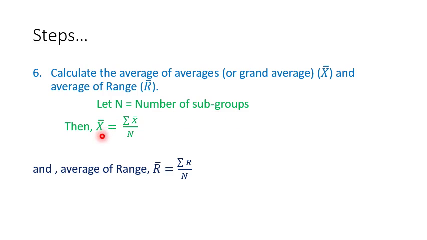Then X double bar is equal to summation X bar, which we already calculated, divided by capital N, where capital N is the number of subgroups. Previously we saw summation X divided by small n, and here we see summation X bar divided by capital N. Then the average of range, that is R bar, is equal to summation R divided by capital N.